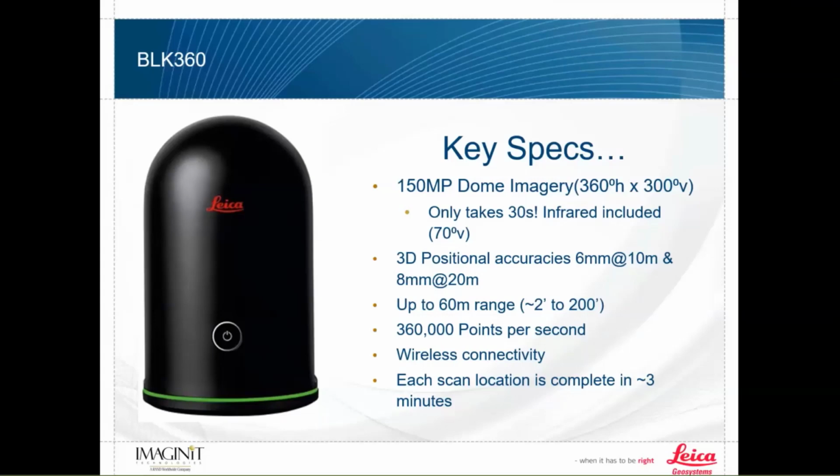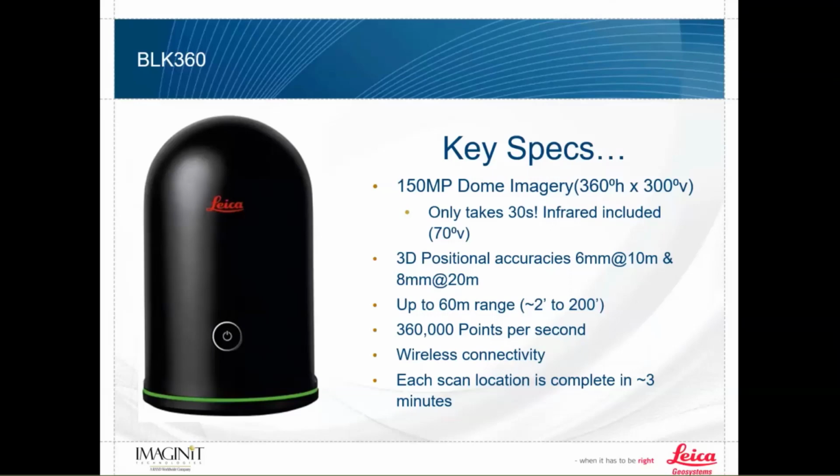And up to 60-meter range. Those here in the States, 2 feet to 200 feet. And I did a test with this the other day, and I'll be darned if it wasn't right on to about 200 feet where it stopped collecting data.